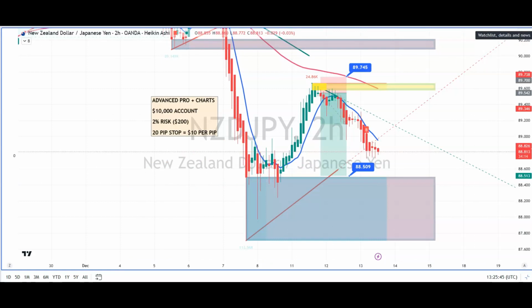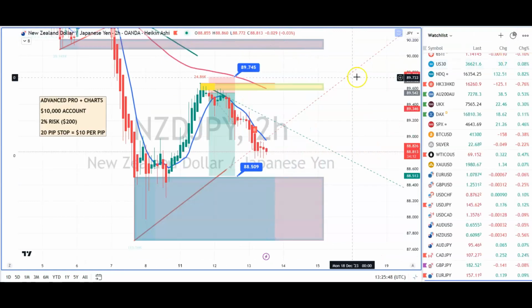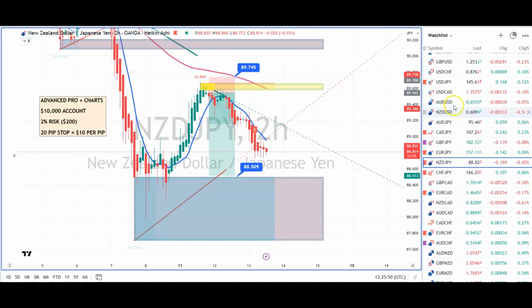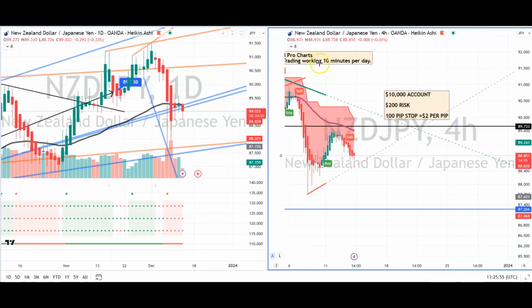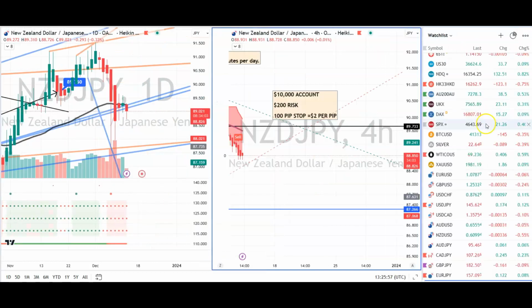Let me show you another. Let me pick one that is parabolic. Let's say Euro Canadian. Let's go back to the parabolic trend.